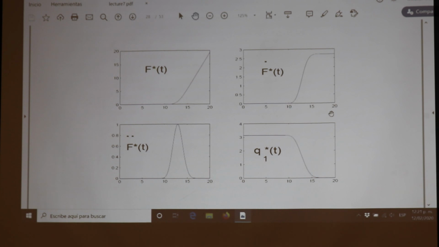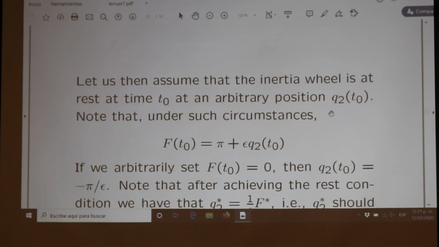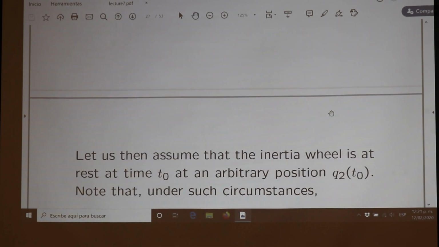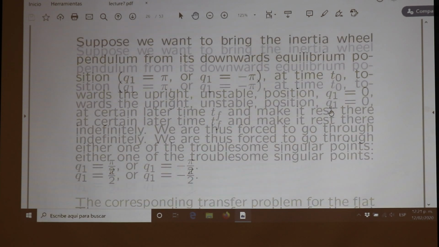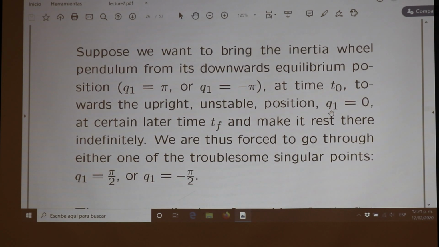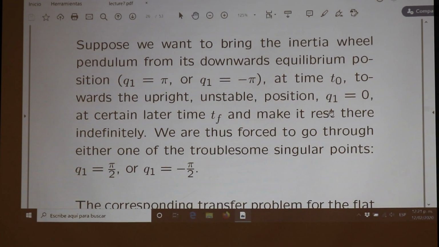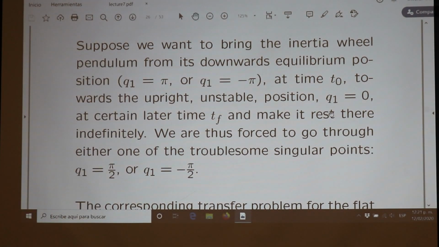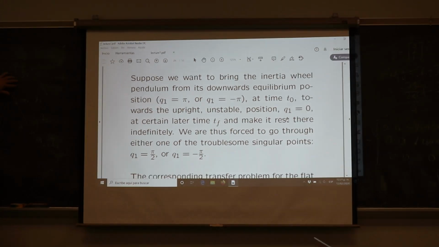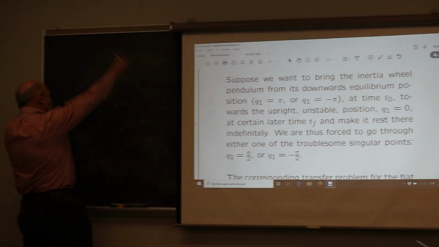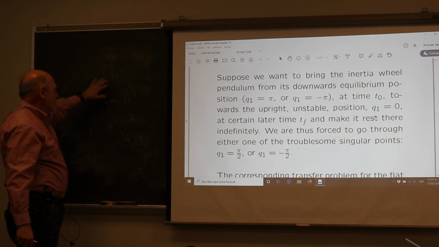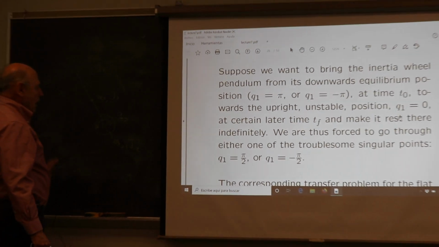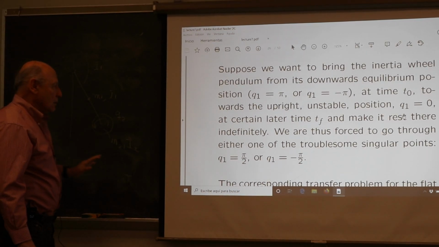But this is how this trajectory is planned. Let me go through it quickly. We usually want to bring the pendulum from an initial position in which it is in the downwards equilibrium, so Q1 is pi, and you want to bring it to Q1 equals 0 or minus pi to give a complete turnaround.